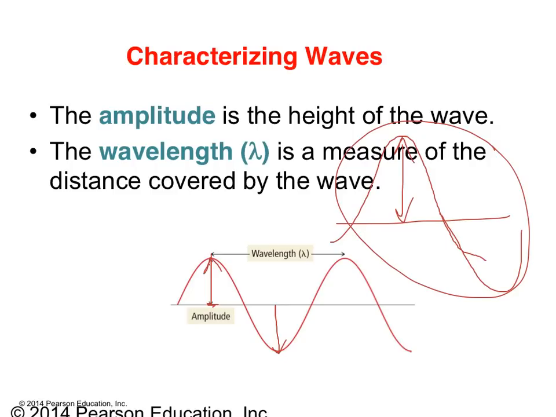Now the wavelength is the measure of the distance covered by the wave, the distance from one crest to the next crest. So from this point to this point. The distance from one trough to the next trough also can be noted as the wavelength of the wave.